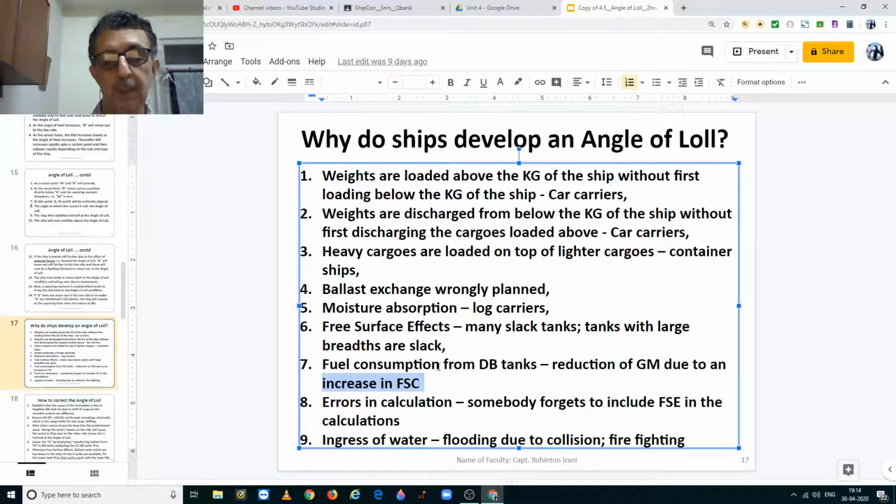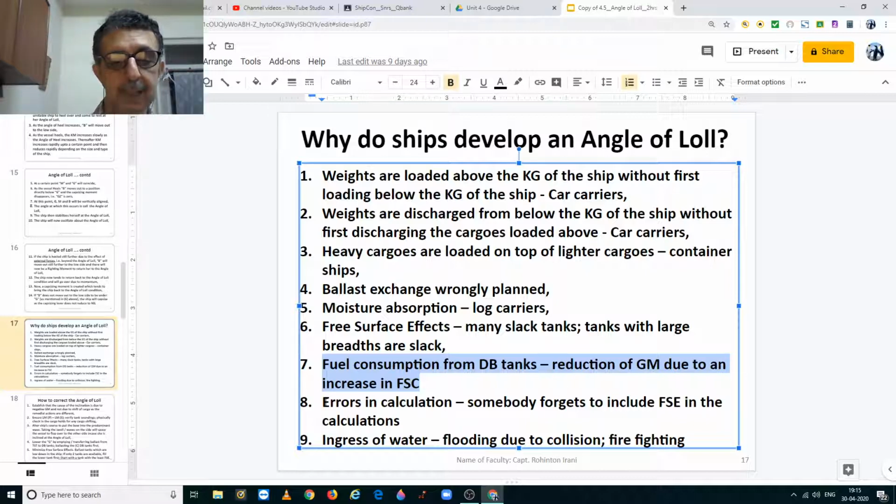So the fuel tanks always have free surface correction, and as the fuel is consumed from tanks below the center of gravity of the ship, the metacentric height continues to reduce.